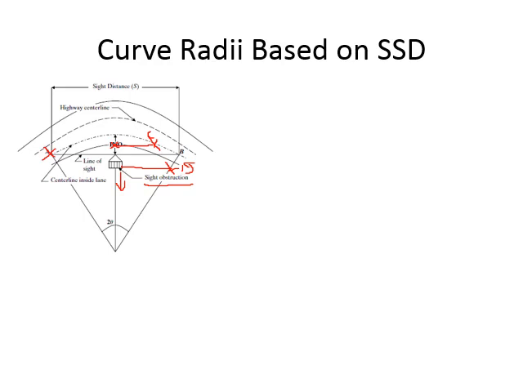The angle which is made by the curve having length of sight distance is 2 theta. Then if you apply the equation S equals r theta, length of the curve equals r into theta, where the angle is 2 theta.